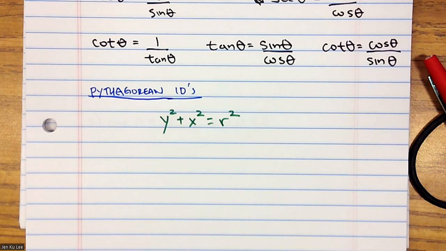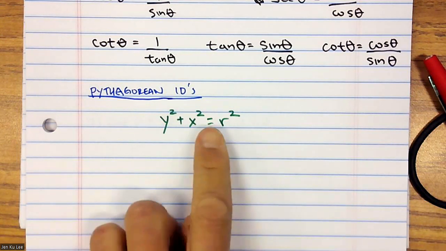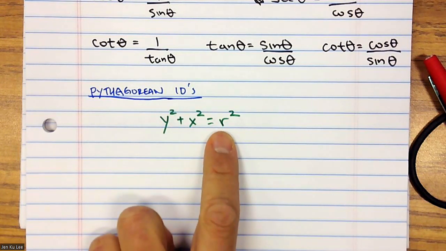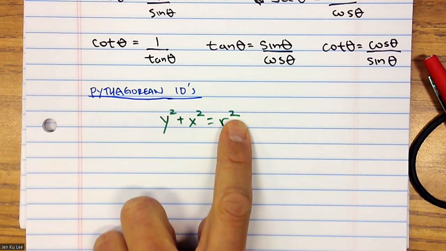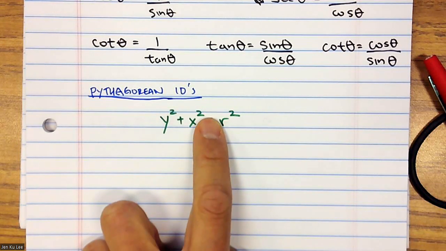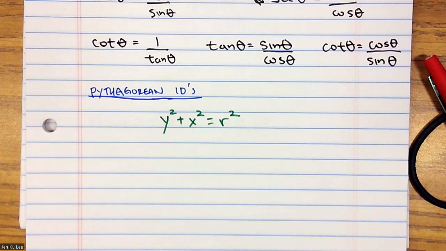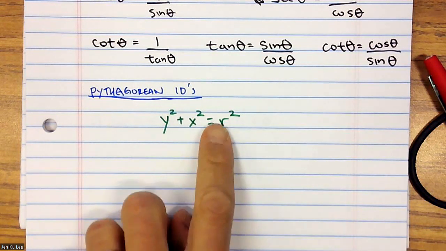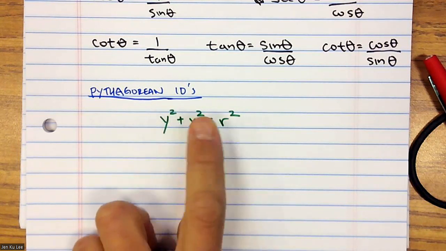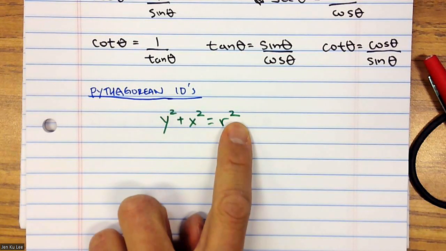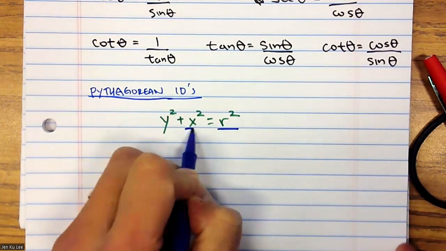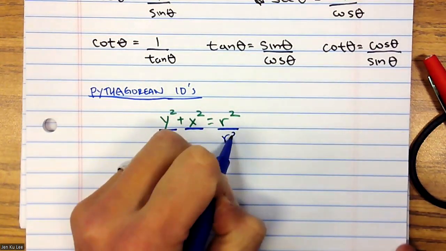What we're going to do is divide each one by r squared the first time, then y squared the next time, and then x squared the next time. That's 3 times, essentially making one of these terms equal to 1. So the first one, I'm just going to divide all of them by r squared.